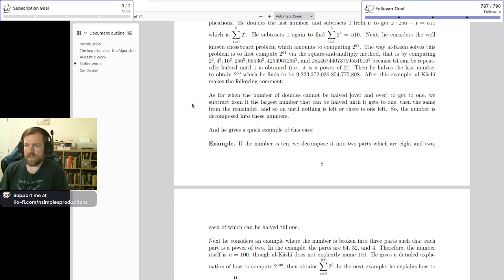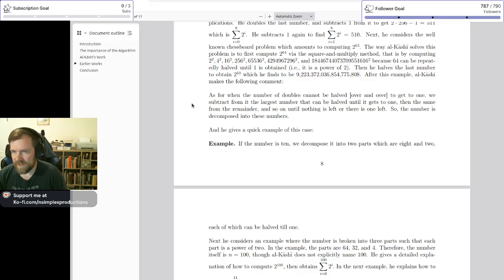The way Al-Kashi solves this problem is to first compute 2 to the 64th by square and multiply. That is computing 2 squared, which is 4, 4 squared, which is 16, 16 squared is 256, 256 squared is 65,536. That squared is roughly 4.3 billion, squared, which then is another number.